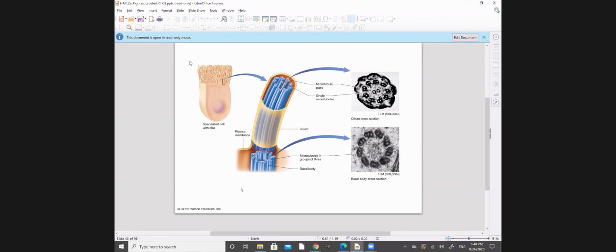It's usually not outside like skin, but inside of the intestinal tract or respiratory tract. They have the ability to gently move, and they can move, for example, dust particles, bacteria, whatever mucus is on top of the cells out of our body. This is one of the functions there.